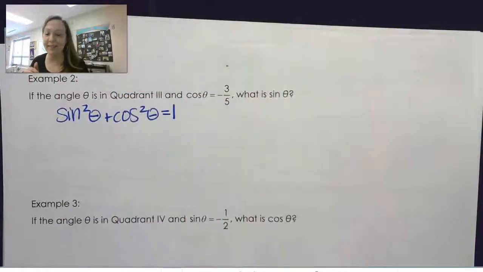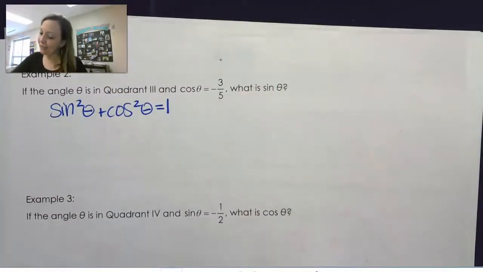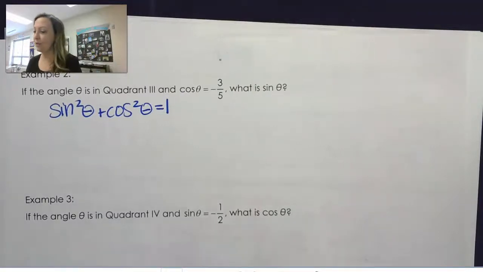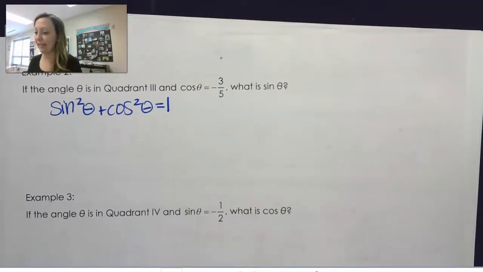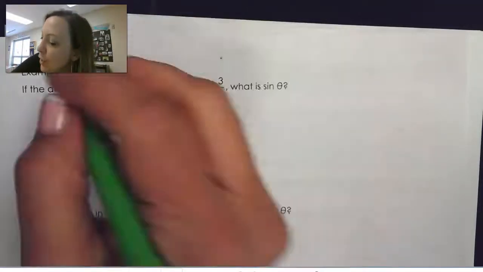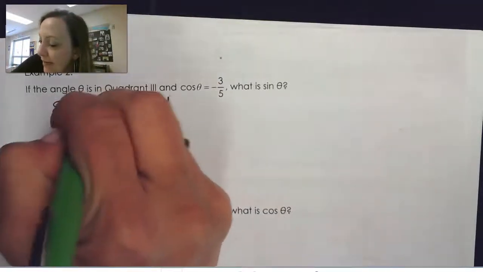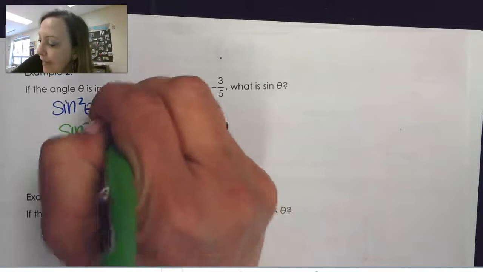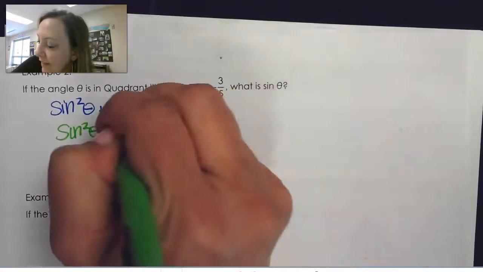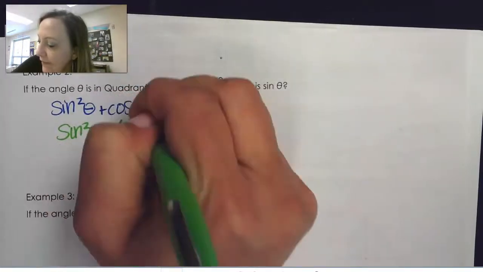We'll be using this Pythagorean identity. And here they're just telling us that the cosine of theta is going to be -3/5. So I don't know sine of theta, but I do know that the cosine of theta is -3/5.